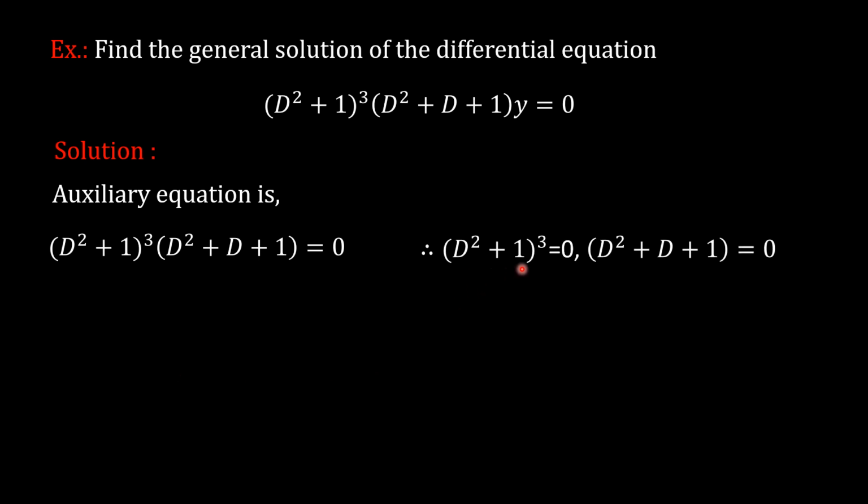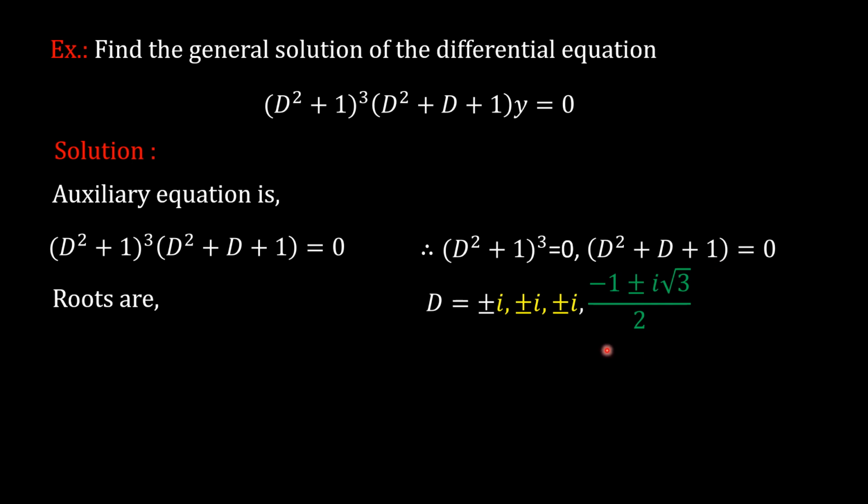If we equate (D square plus 1) cube equal to 0 and (D square plus D plus 1) equal to 0 and simplify, we will get roots as plus minus i, plus minus i, plus minus i. These are the roots corresponding to the term (D square plus 1) cube equal to 0, and minus 1 plus minus i root 3 upon 2 are the roots corresponding to the term D square plus D plus 1 equal to 0.